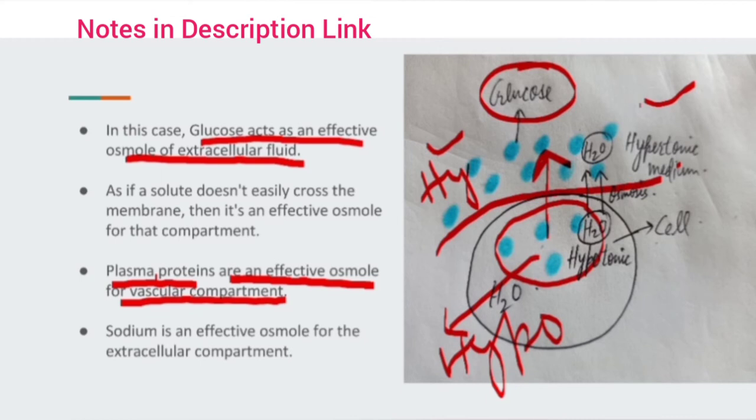Just like that, sodium is also an effective osmole for the extracellular compartment, because it needs energy to move sodium into the intracellular compartment. That's why sodium is an effective osmole for the extracellular compartment.